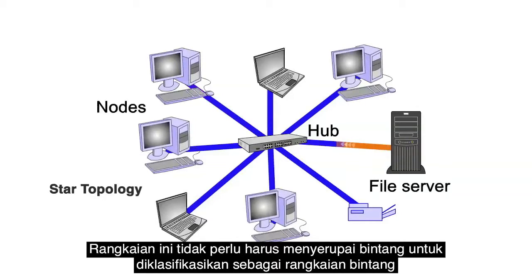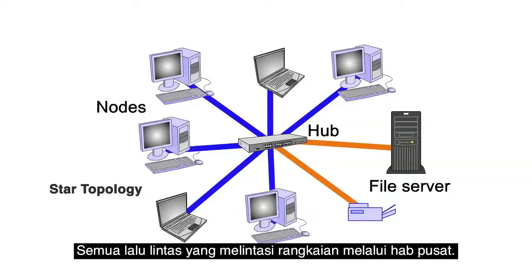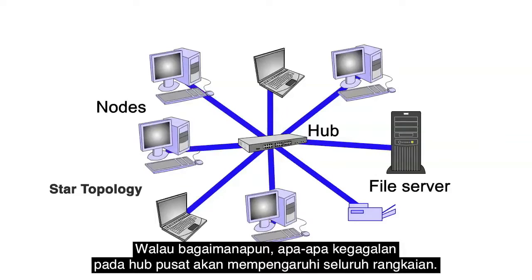The network does not necessarily have to resemble a star to be classified as a star network, but all of the nodes on the network must be connected to one central device. All traffic that traverses the network passes through the central hub. However, any failure in the central hub will affect the entire network.